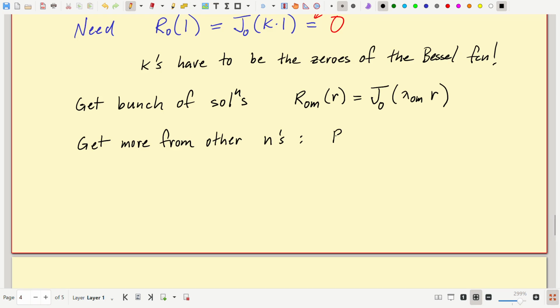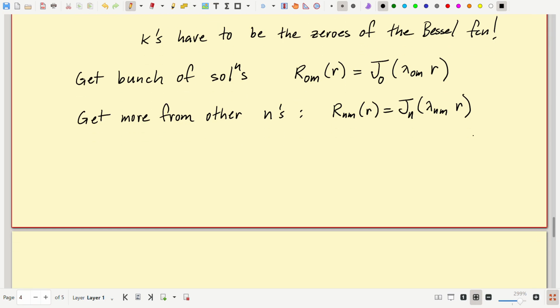I would get an RNM of R. That would be the order n Bessel function, and I would take the mth zero, multiply by R. By the way, if you play around with Maple and search for Bessel functions, they're all there. So you could write formulas for these things.